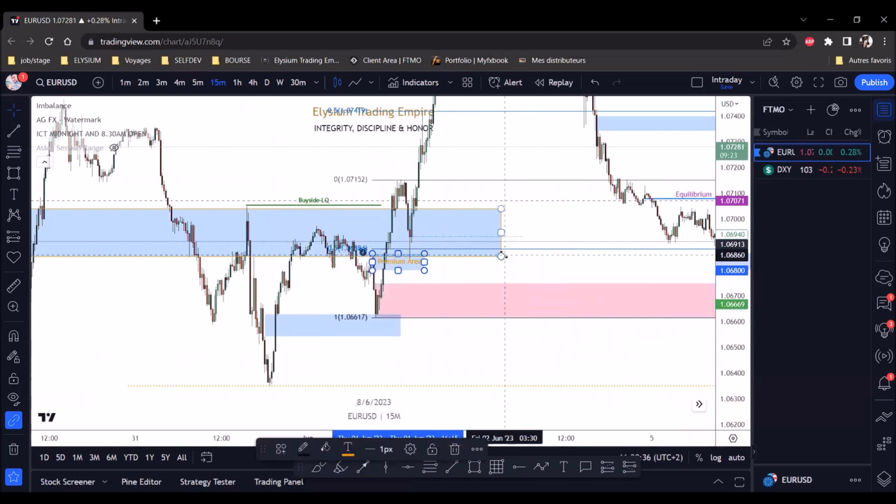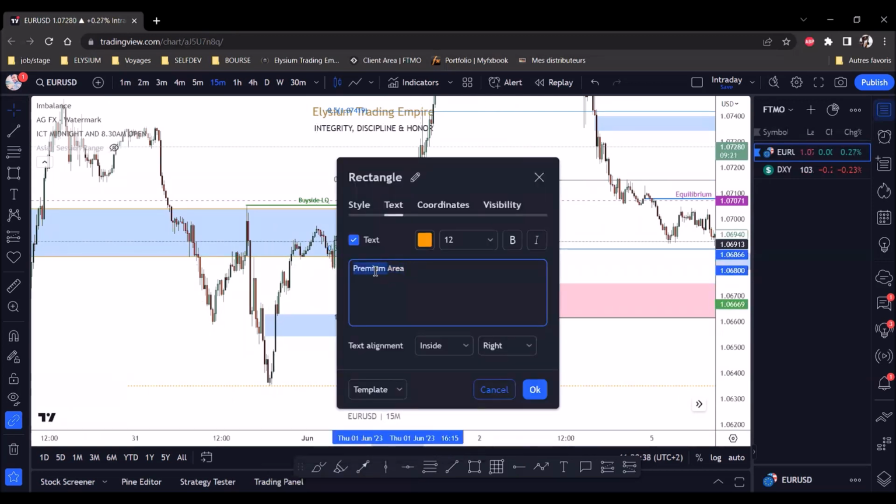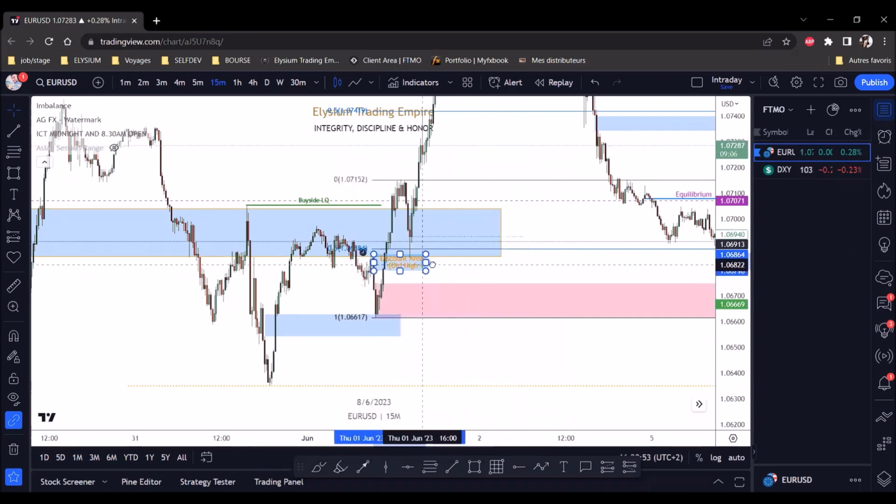Remember, it's a discount area, because it's old high plus fair value gap. Okay, or breaker if you want to call it. Breaker or old high. Okay, sorry. So this is a discount area which you can trade from.